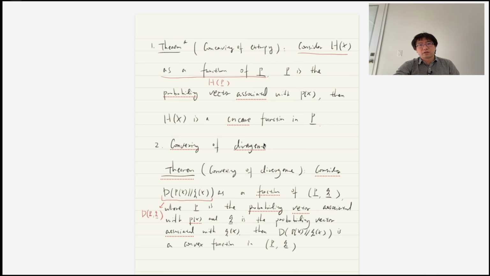We can see that because entropy can be written as the divergence between P_X and Q_X, where we take Q_X as a uniform distribution as before. If this is a convex function, then we can conclude that entropy is a concave function. That's the idea. In the next lecture we're going to show this theorem, and the way to prove it is to use the log sum inequality.